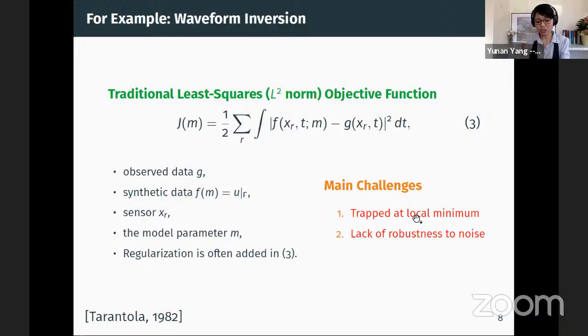And the second challenge that we encounter most of the time, which I regard as shared by all least square-based formulation, is the lack of robustness with respect to noise. So if my true data G, which I observe from the field or from other procedures, other machines, is polluted by different kinds of noise, by wind, by wave, or by the measurement device noise, then that noise is inevitably fitted by my objective function.